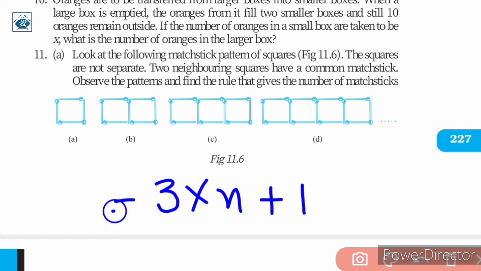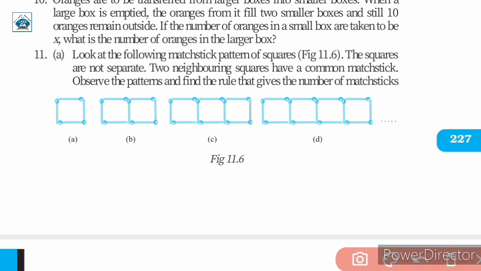So only to find the rule, I wrote 4, 7, 10 and 13 in a specific manner. Because here we cannot write this as 4n. Generally, if we have to find squares, and for one square the number of matchsticks is 4, then the rule will be 4n. But here in this case, it is not possible.